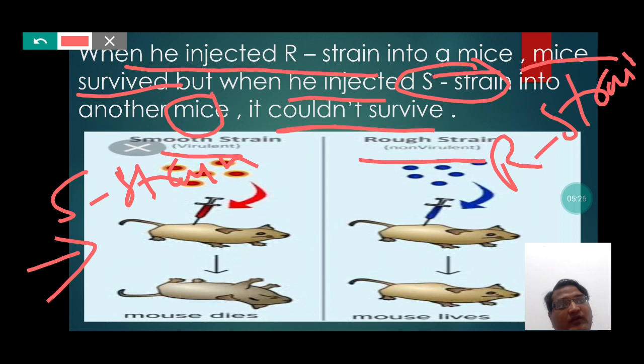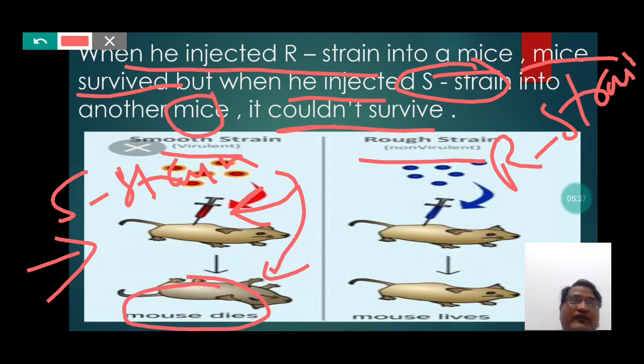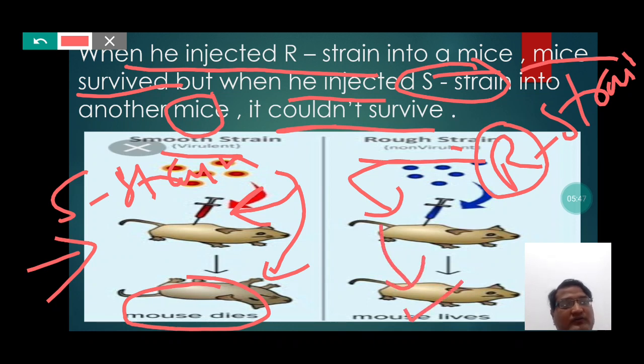Now students, here we can also notice that the S strain is being injected into the mice, and after the injection we can notice the mice dies, whereas the R strain which was injected into the mice, we can notice here the mouse survives.